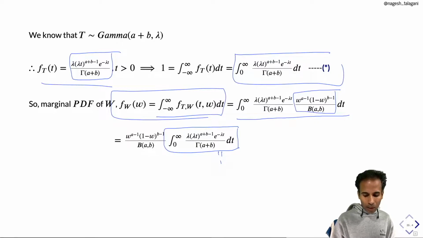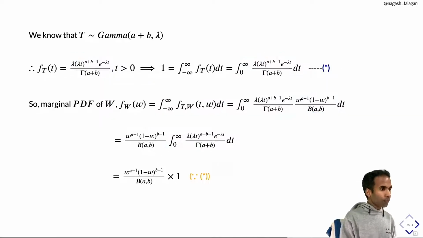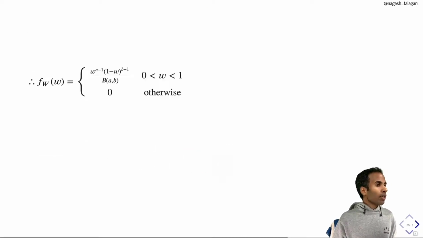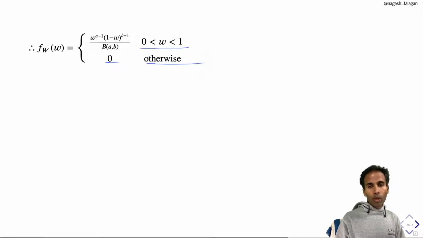Now the PDF of W, f_W(w), is going to be w to the power of a minus 1, (1 minus w) to the power of b minus 1, by beta(a, b). Therefore the PDF of W we can write as w to the power of a minus 1 times (1 minus w) to the power of b minus 1, by beta(a, b), for w between 0 and 1, 0 otherwise.